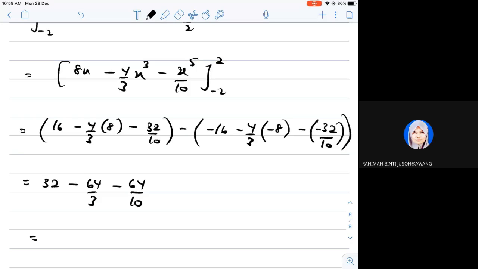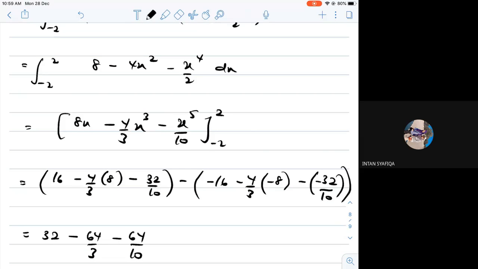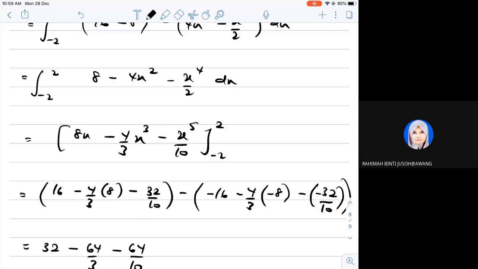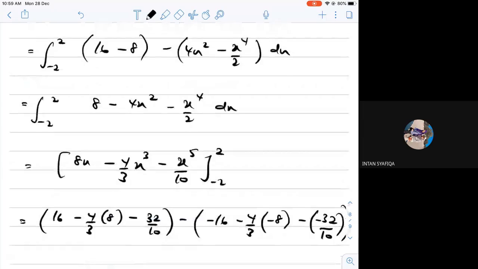You should get the answer, guys. 64 over 15. Is our answer 64 over 15 correct? It seems like something is wrong. Madam, the one above. Which one? The plus. The x, 4x squared.